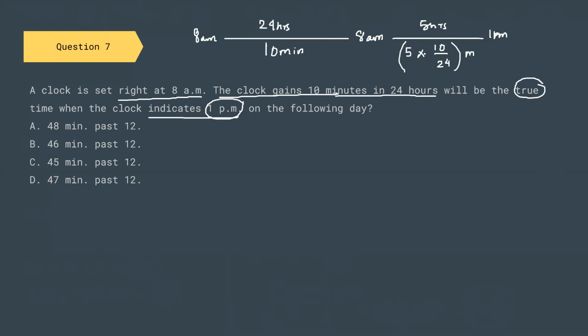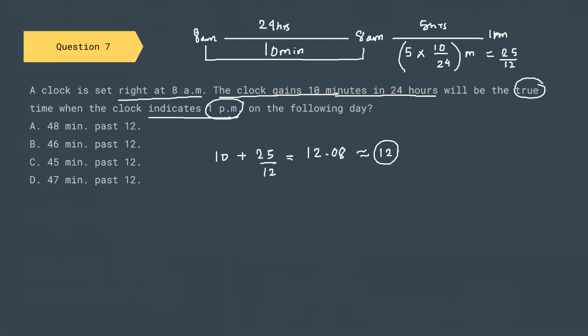So in 5 hours, I will be earning 5 into 10 by 24 minutes, that is equal to 25 by 12. So over the course of 24 hours I have earned 10 minutes, and apart from this I have also earned 25 by 12 minutes. So the total amount of time earned by me is 12.08 minutes, that can be approximately written as 12 minutes.